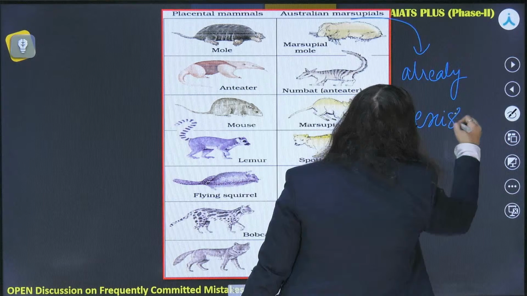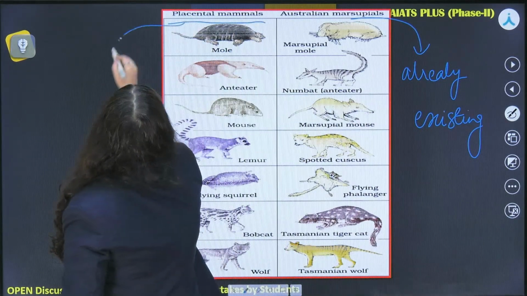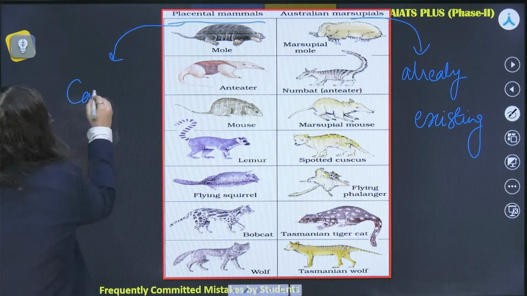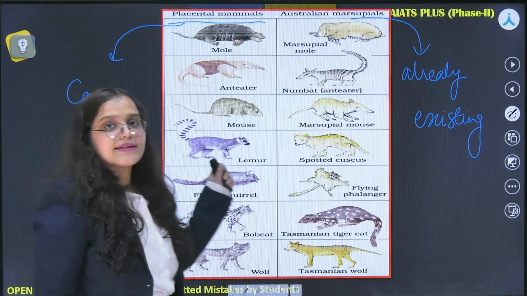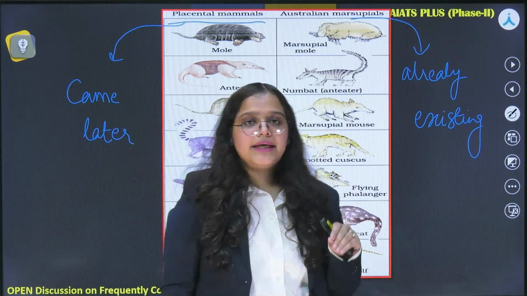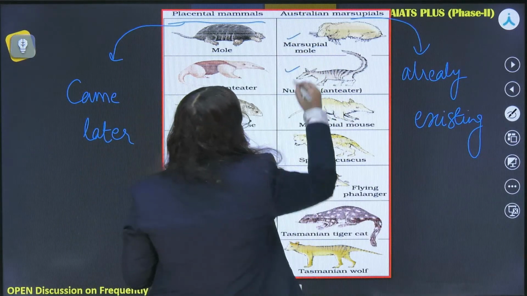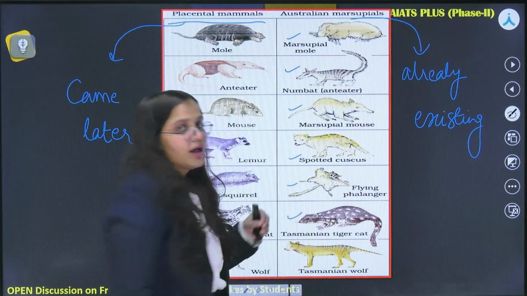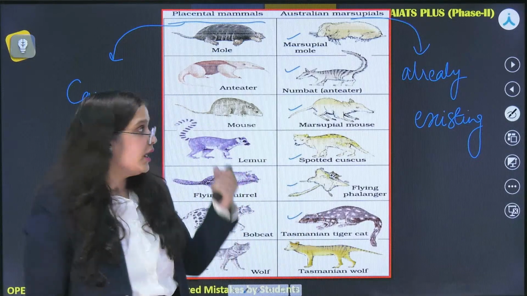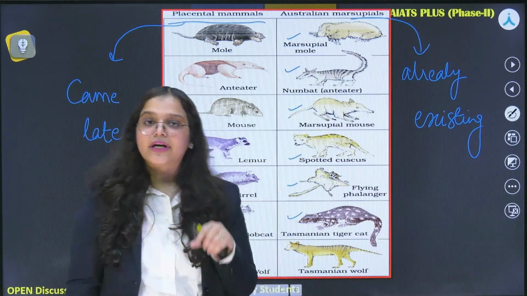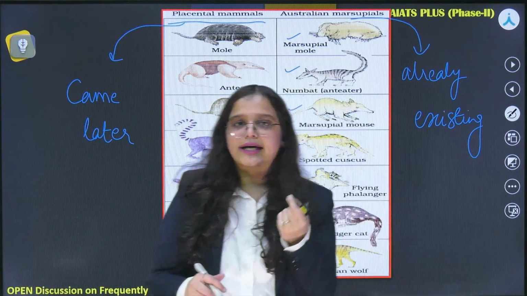And then these placental mammals came later into picture. They later invaded the Australian islands. So what these placental mammals did, they tried to adapt to the places where these animals were already living. To survive in the niche in which these animals were already living, these placental mammals underwent modification and they tried to evolve into that similar category of animal.